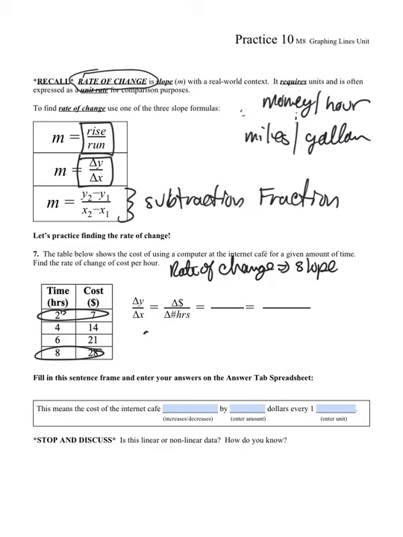So you have (2, 7) and (8, 28), x1, y1, x2, y2. So it is 28 minus 7 and 8 minus 2. 8 minus 2 is 6.